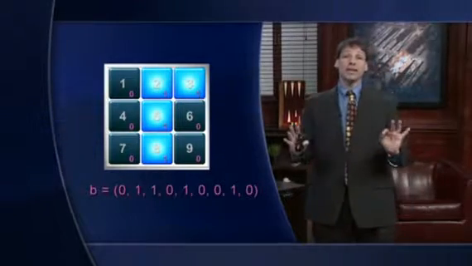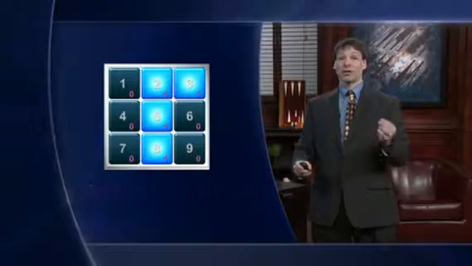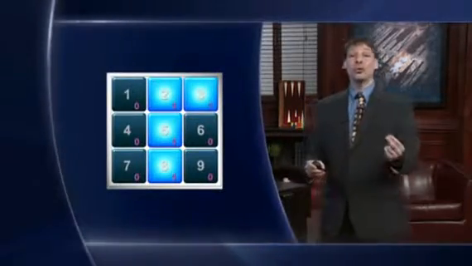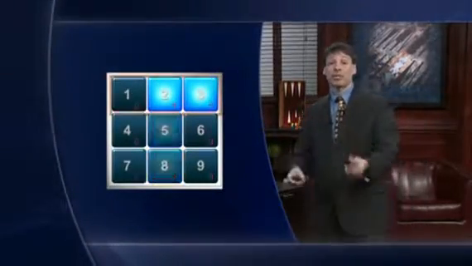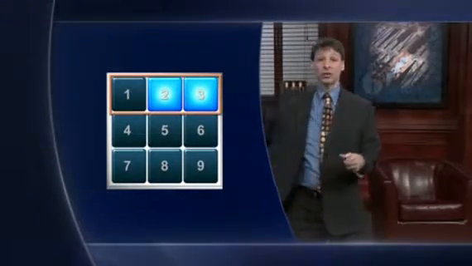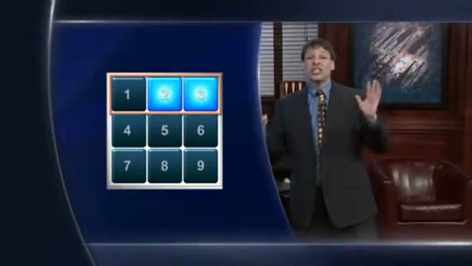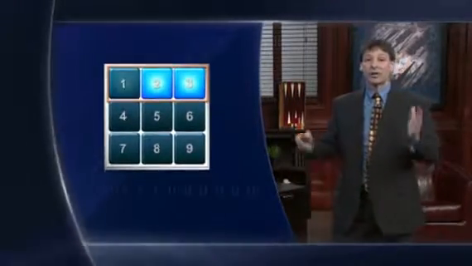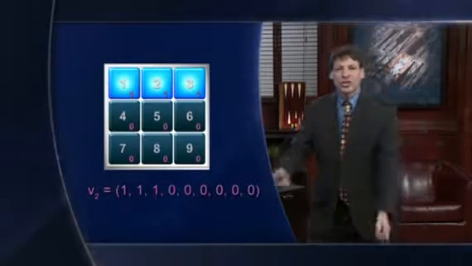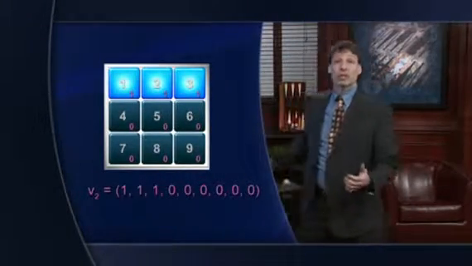Now, each button can also be represented by a vector. For example, pressing button 2, which toggles the lights in positions 1, 2, and 3, right? Pressing button 2 affects lights 1, 2, and 3. I claim that pressing button 2 is just like adding the vector v2, which consists of 1, 1, 1, 0, 0, 0, 0, 0, 0.